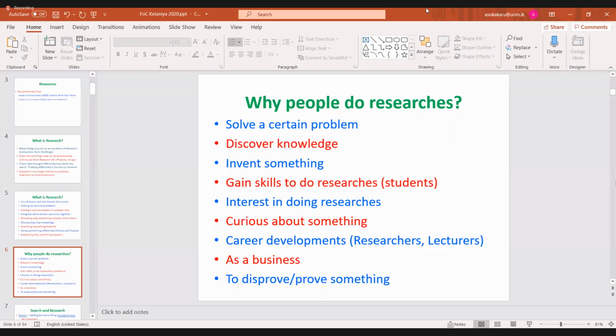Generally, poor countries don't do research. Poor countries do very little research. And they depend on others.